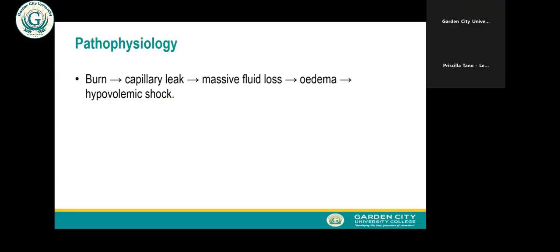Thank you, my dear. So if the burn occurs, what happens? Ideally we have the local effects and then we have the systemic ones as well, right? And it's mostly the local effect that will lead to the systemic.